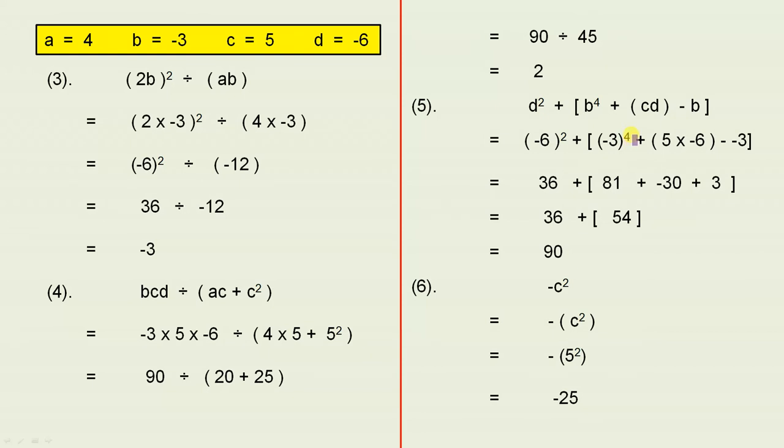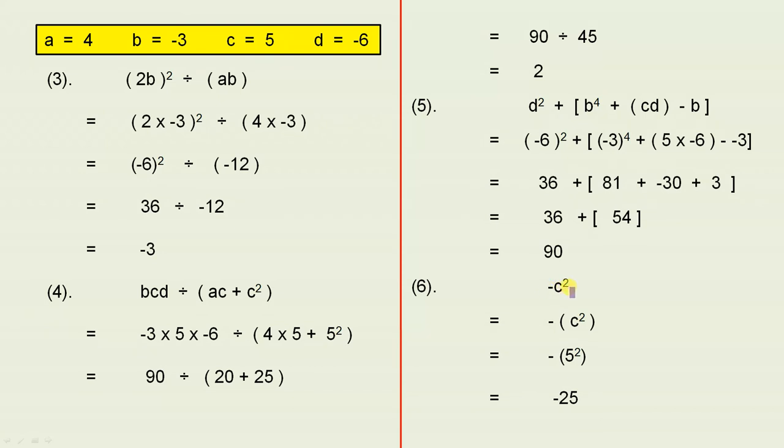Negative 3 to the power of 4 is 81. 5 times negative 6 is negative 30. And minus negative 3 is plus 3. So we work out that section, and we get 81 take away 30 plus 3 is 54. So 36 plus 54 is 90.